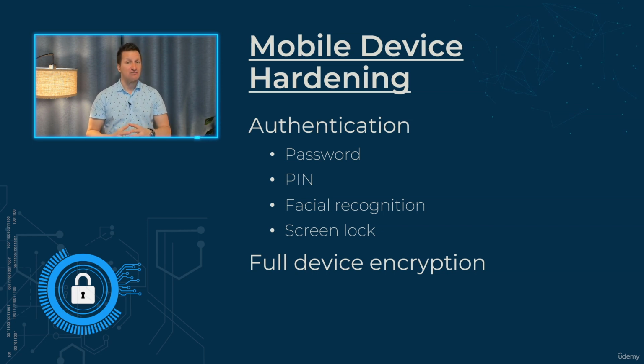Another consideration is enabling encryption for your entire device, your entire smartphone, potentially even for any micro SD cards for additional storage that you might have plugged into the phone. We all know that if data is protected at rest, if it's encrypted, even if someone gains physical access, in this case to the smartphone or the micro SD card, they're not going to be able to get into it unless they have a lot of computing power and a lot of time to try to crack the decryption passphrase.